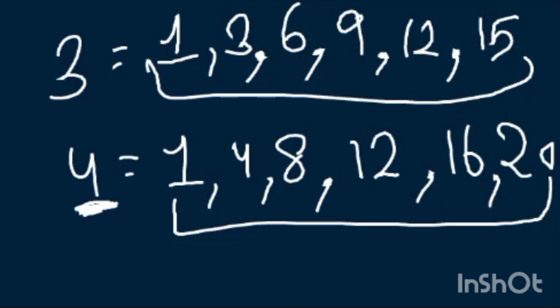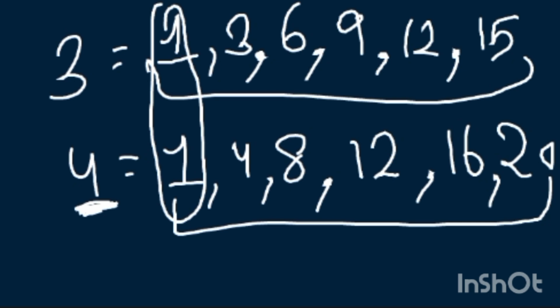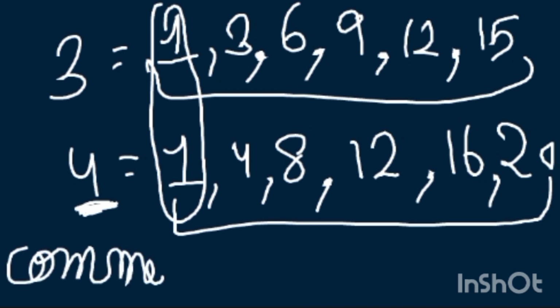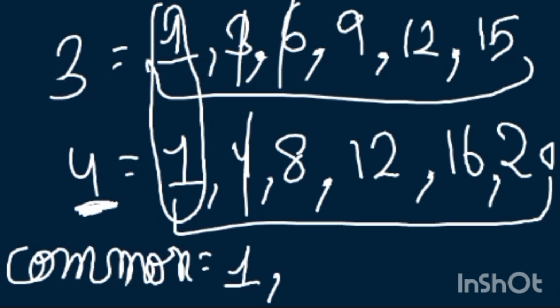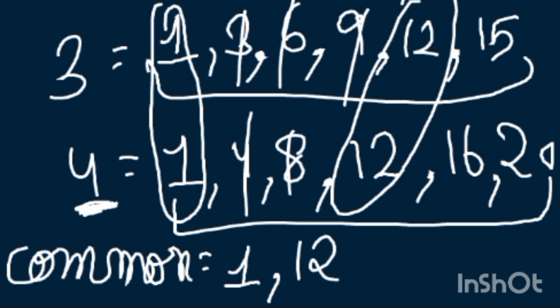Now you need to find the common multiples. Here 1 is common, but 3 is not common, nor 4. 6 doesn't have any common number, 9 also doesn't, but over here, as you can see, 12 is common. Except for 1, because 1 is a multiple of each and every number, we have 12.